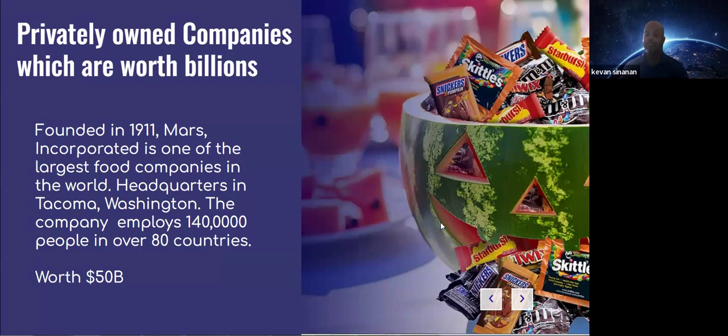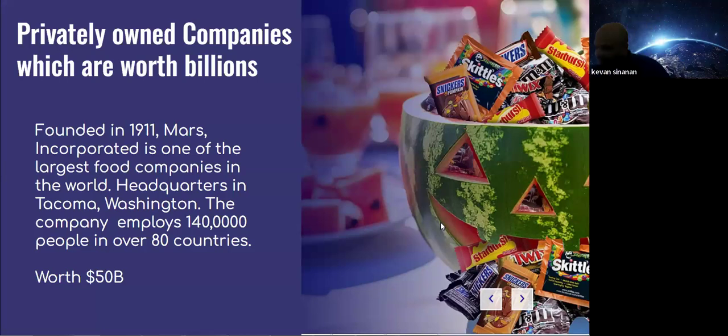Now, once again, we're talking about publicly owned companies, not the public sector. The correct term is publicly listed companies, because the public does not own it. What it says is that the public has the right or the option to buy and sell those shares.